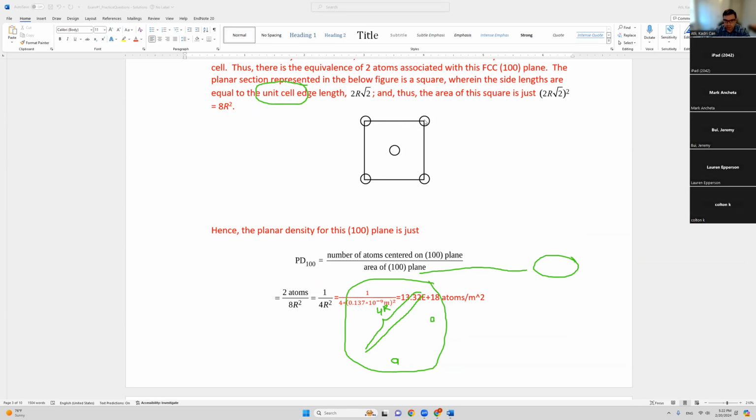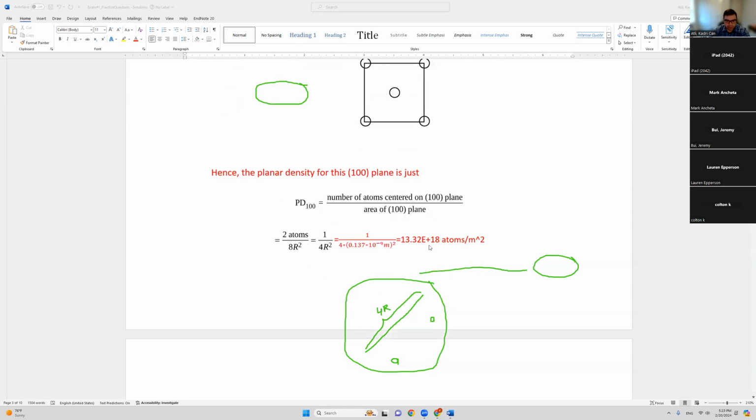The contribution of these corner atoms is 1 in total, and this atom is 1 because it's totally on the plane. So 1 from the corners and 1 from the face center, a total of 2 atoms. And the area of the square is 2r square root of 2 to the power of 2, which is 8r squared. If you do this calculation, you will see that the planar density is 13.32 times 10 to the power of 18 atoms per meter square.